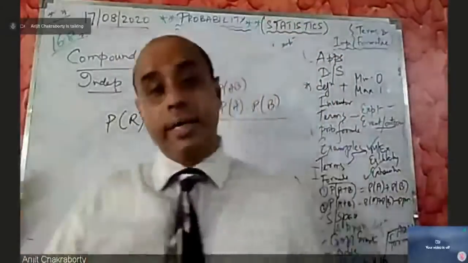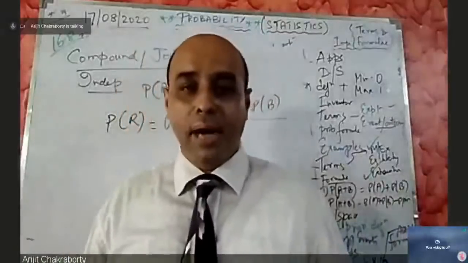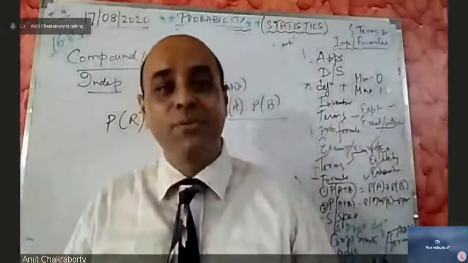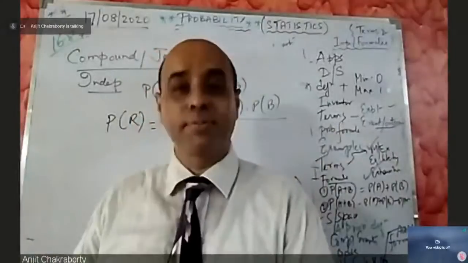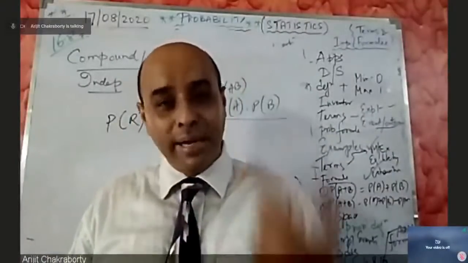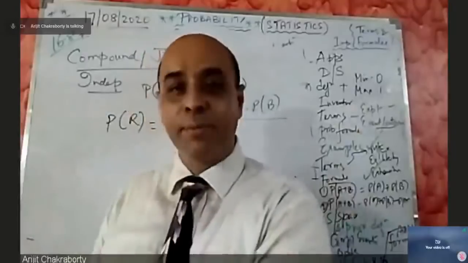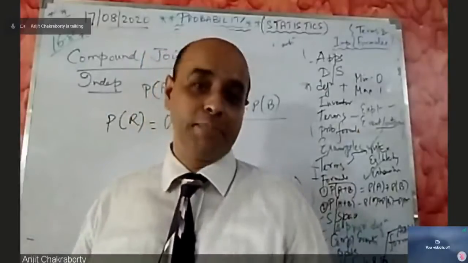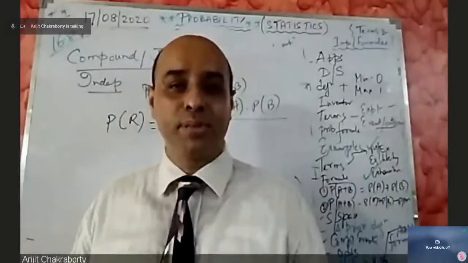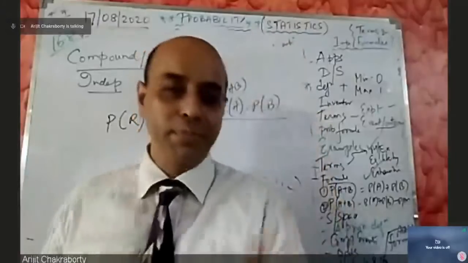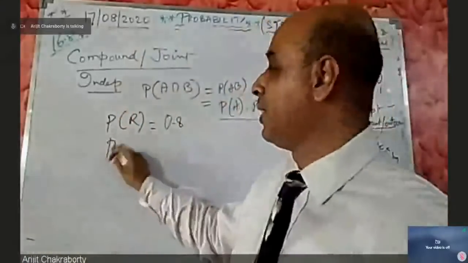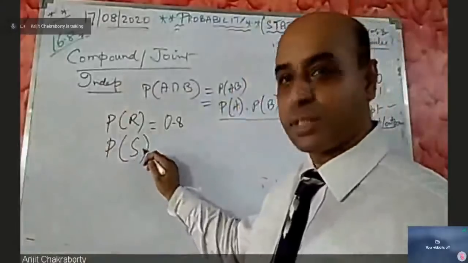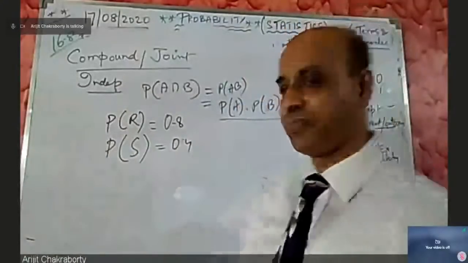Probability that you will study in the evening after digesting whatever you have learned in the probability chapter: it will vary from person to person, but say a 40% chance he will study. So probability of studying in the evening, P(S), is 0.4.